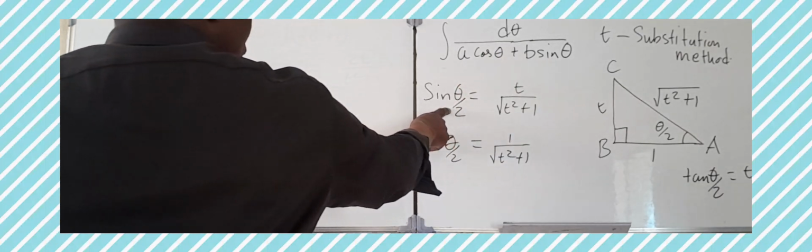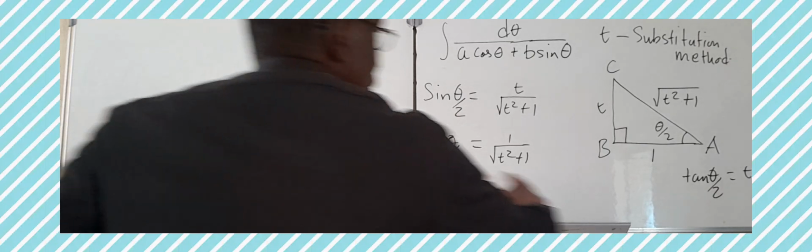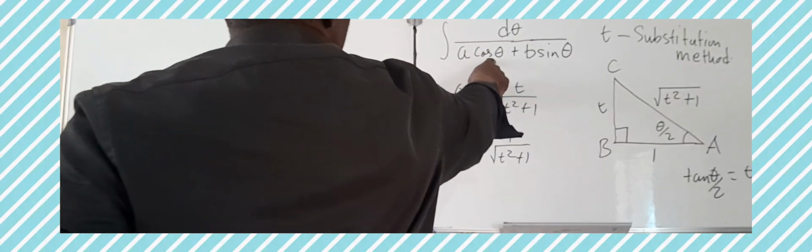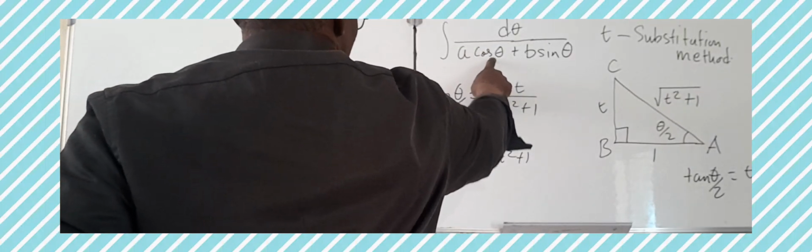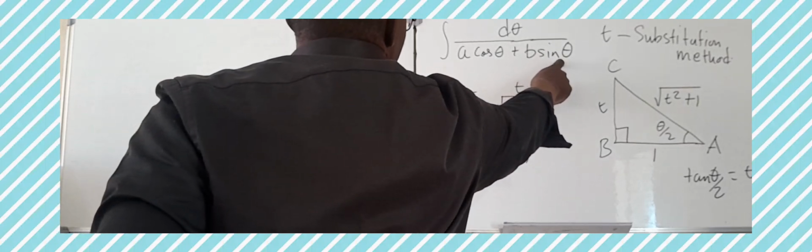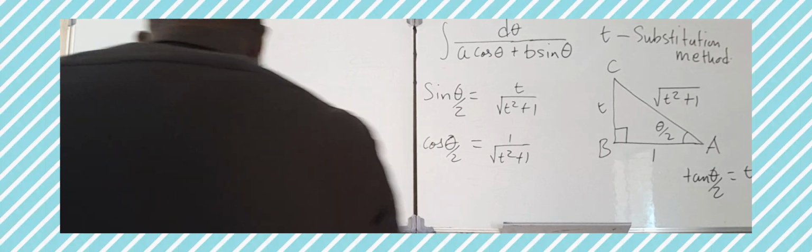It's not sine of theta over 2, it's not cosine of theta over 2, it's not tan of theta over 2. So we need to express this cosine of theta and this sine of theta in terms of theta over 2. How can we do that?